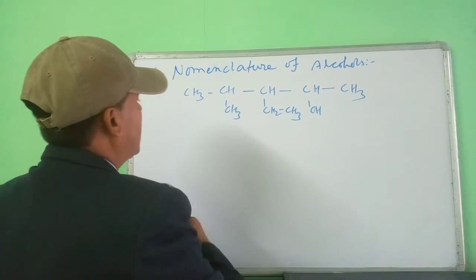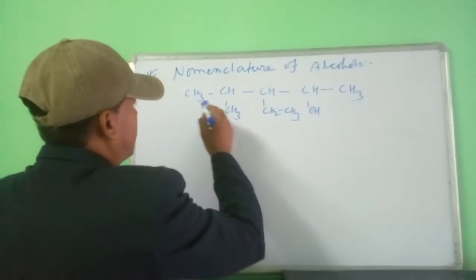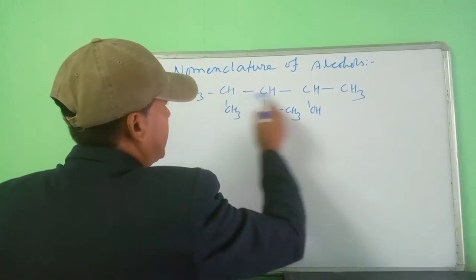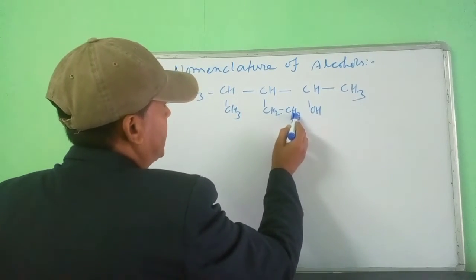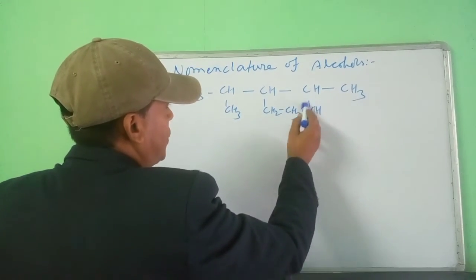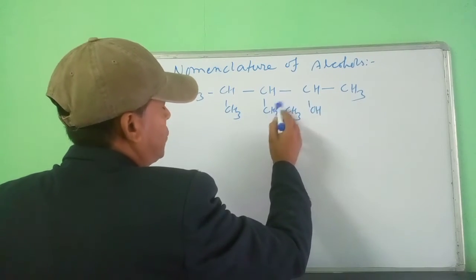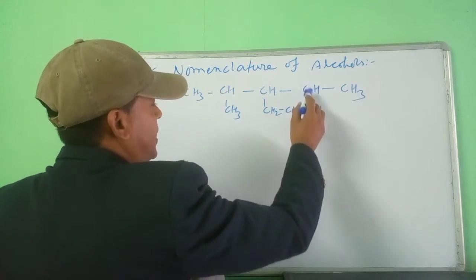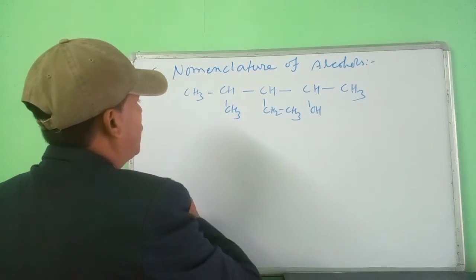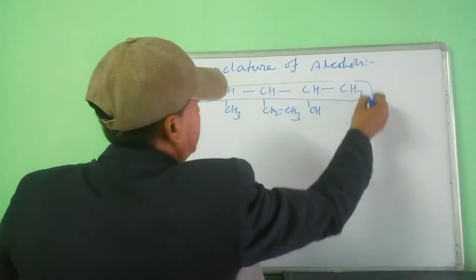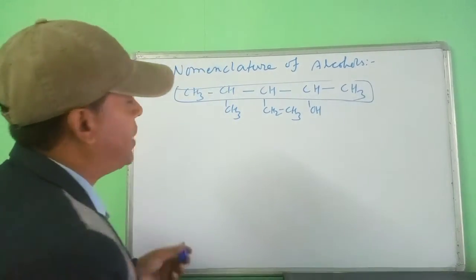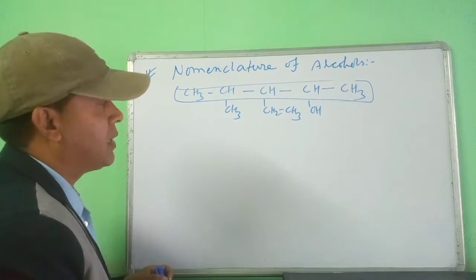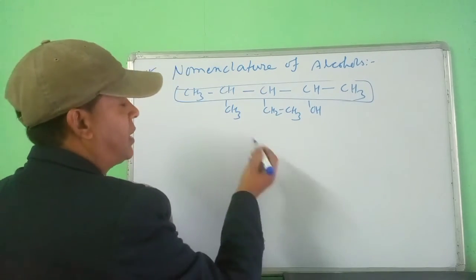Suppose you number 1 2 3 4 5 along the straight chain: 5 carbons. The bent chain also has 5 carbons, but when you select the bent shape, the OH is not included in the parent chain. So when you select the chain, the OH must be bonded to the parent chain. If you get the same number of carbons, always prefer the straight chain, so it is easy to identify the other substituents.